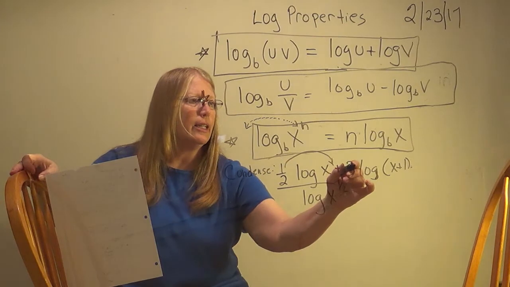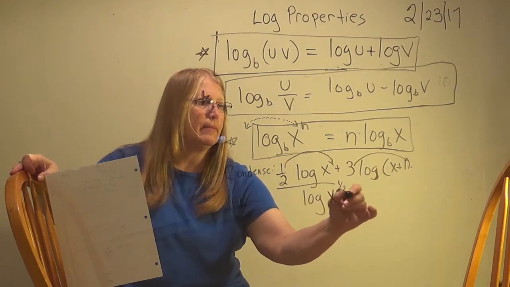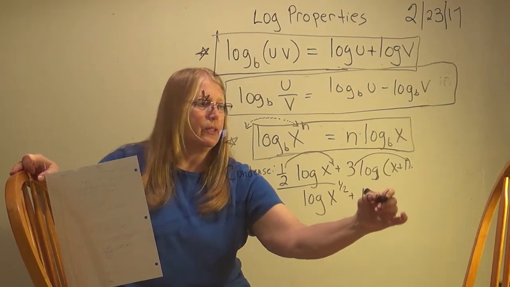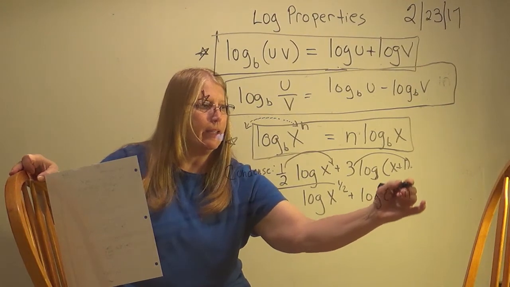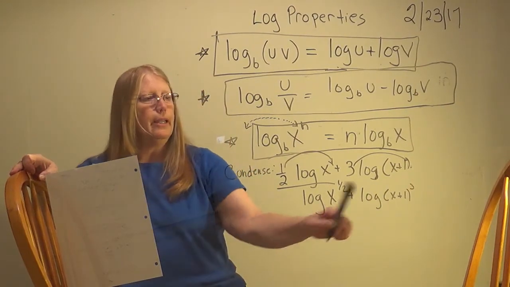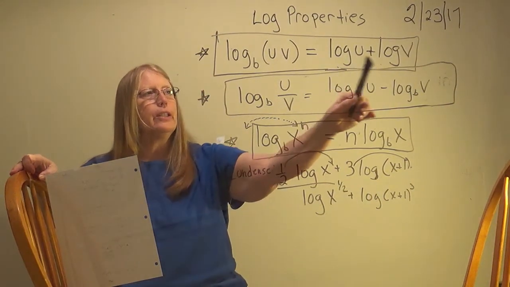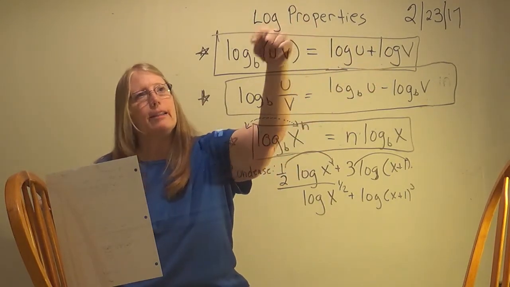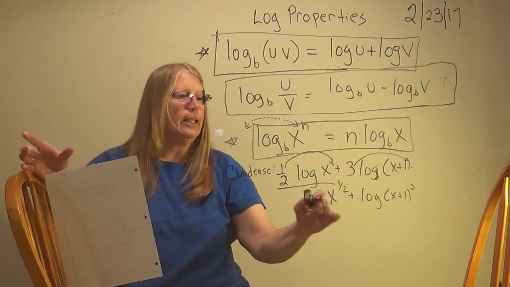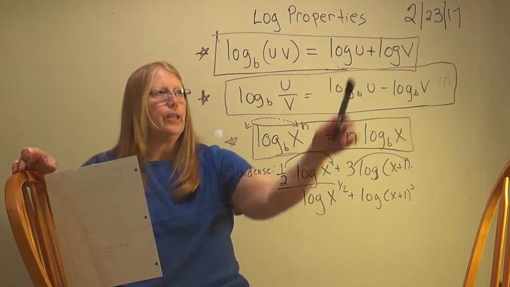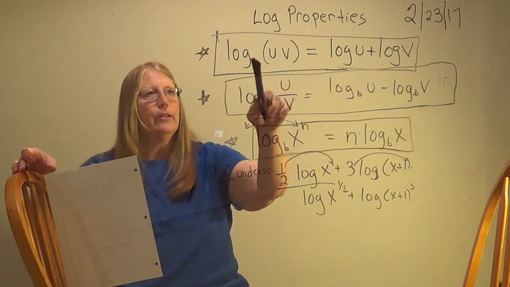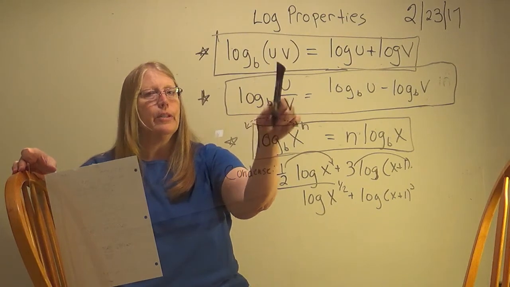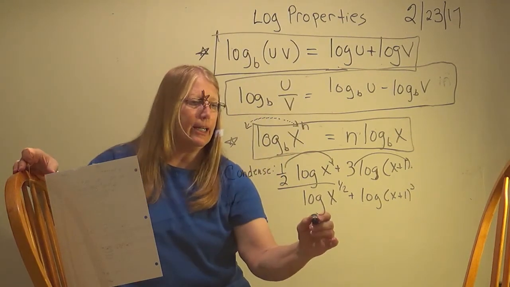Right, this 3 can run back here. So similarly, we have that. And now we can combine these two logs. So you see they're sitting here, just like this expression. And we're going to go back this way. So we're going to take those two individual logs that are added and turn them into one log where the arguments are multiplied.